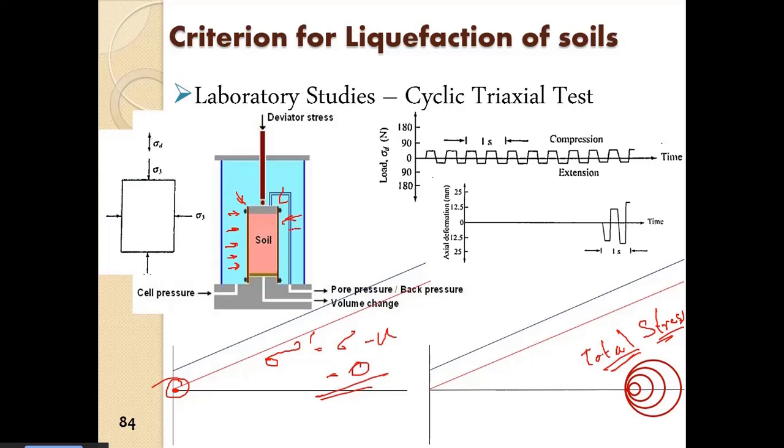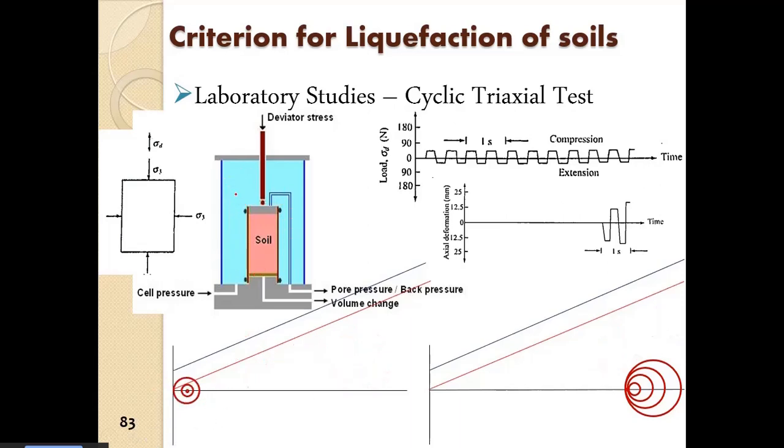We are still applying 200 kPa of confinement, but the pore pressure here is now also 200 kPa, so effective confinement is 0. Here the pore pressure was around 170 maybe, so a small amount, 30 kPa, of mean effective confinement was there.